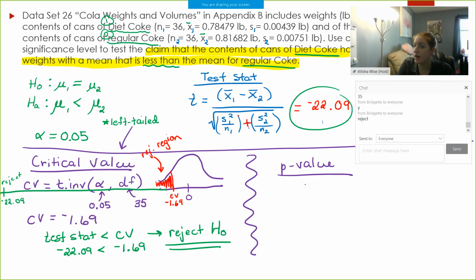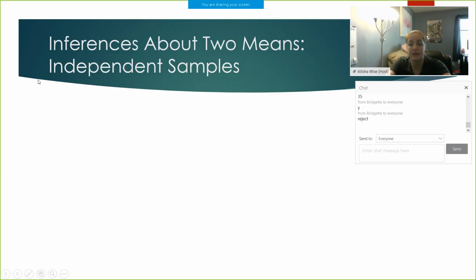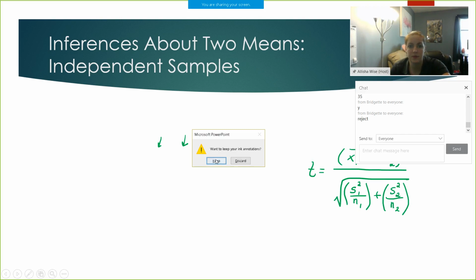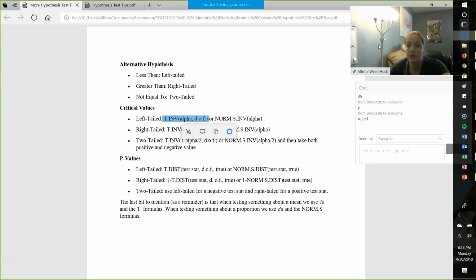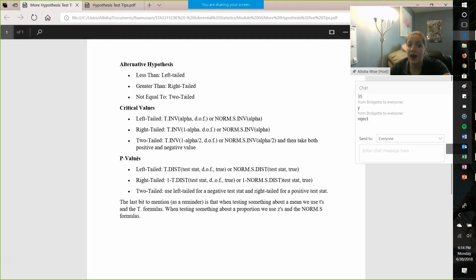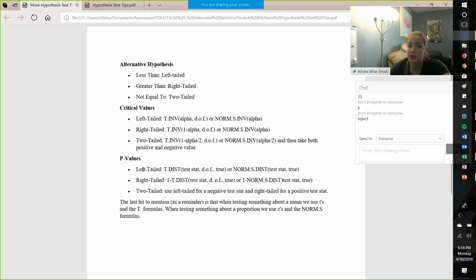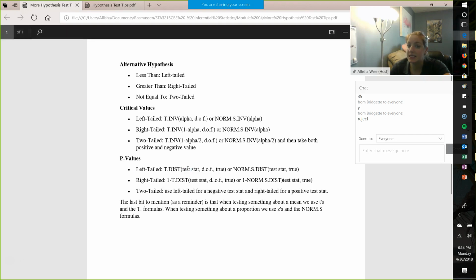For the p-value method, we take the test statistic and use T.DIST to find the probability of that test statistic. So it is the test statistic, comma, degrees of freedom, comma, true. Since it's left-tailed, I should show you guys. To find your p-value, you go to this worksheet, left-tailed, and they tell us T.DIST, test statistic, degrees of freedom, true.